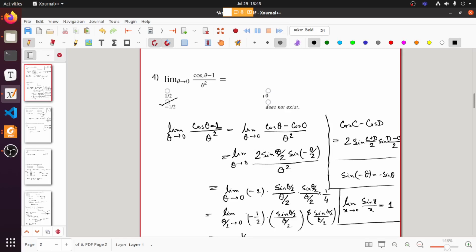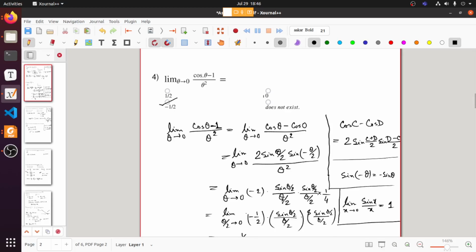Now write it in this form. You know the formula that the limit of sin x by x as x tends to 0 is 1. So try to use this one. Combine this sin(theta/2) and take theta from here, so write sin(theta/2) over theta/2. For the next one, take the minus out, sin(theta/2) over theta/2. So 2 is extra here, that's why I have inserted this 1 by 4, to make this correct.